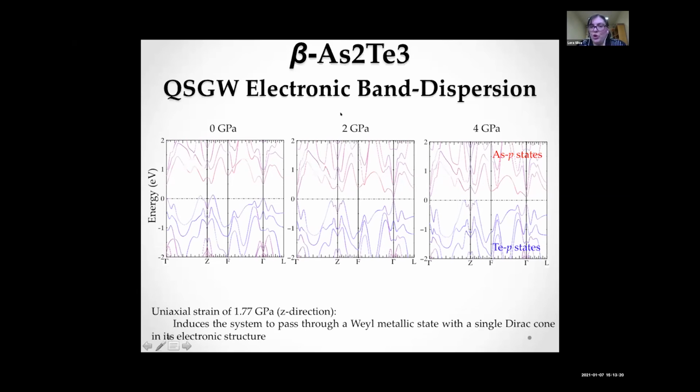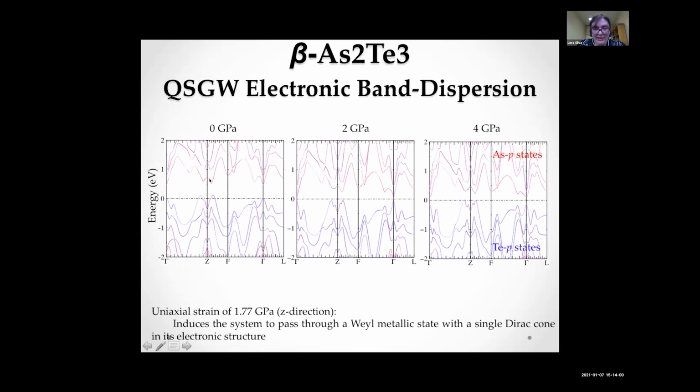If we increase pressure to 2 gigapascal, an interesting feature occurs at this gamma point. We have here a similar feature as graphene, which is a Dirac cone with a Dirac point, because the valence and conduction bands are touching at the Fermi level. Further increasing the pressure to 4 gigapascal, you see that the gap reopens again, which shows how pressure can change a lot, not only the gap size, but also the character of the gap.